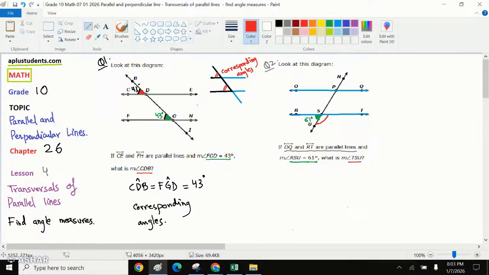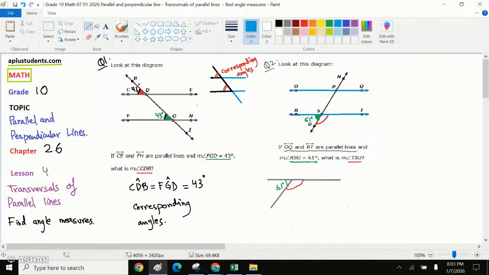We know that whenever a line is broken down into two angles, we can say something like this. This was the first angle, that is 61, and this was the second angle which we had to find.